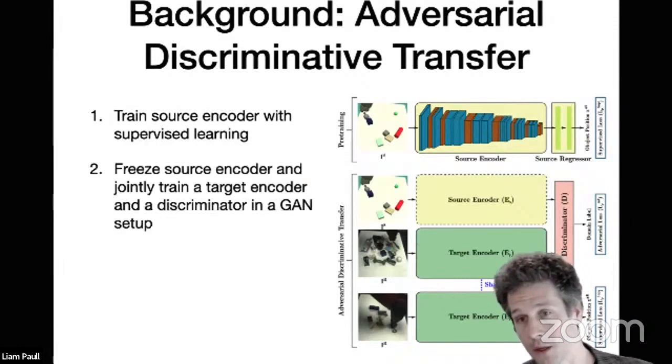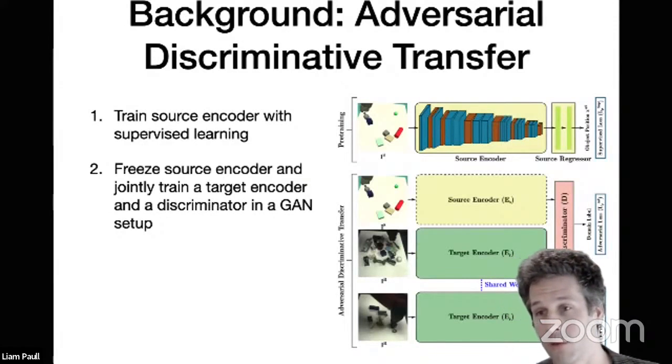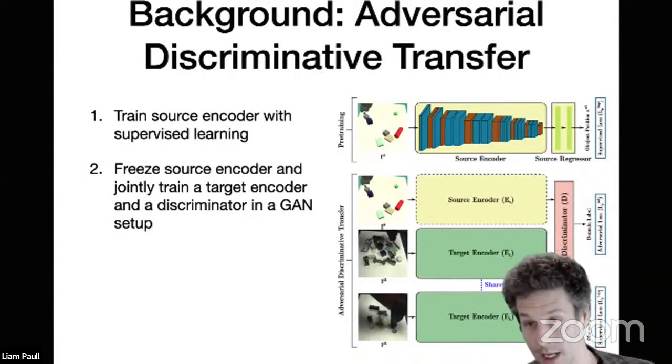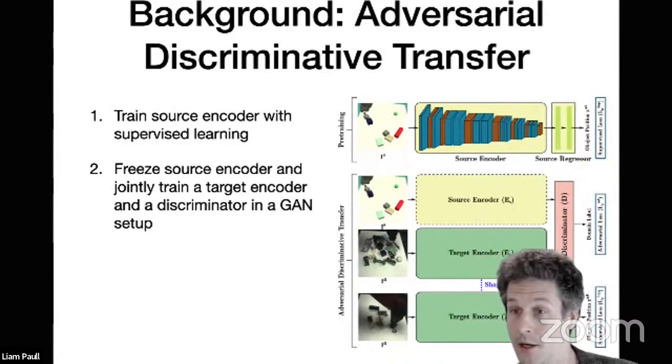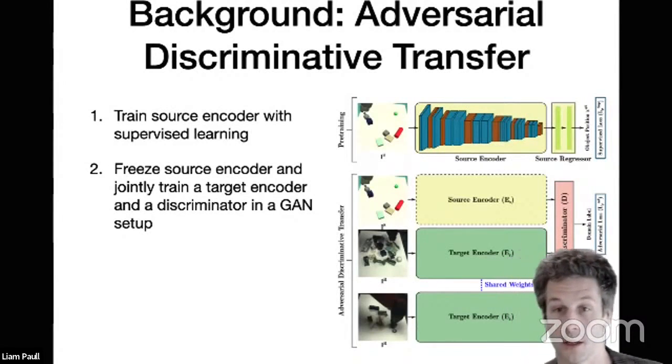And step two is we're going to basically formulate this as a GAN problem, where we're going to jointly train a target encoder that takes real data and a discriminator so that this target encoder is incentivized to produce embeddings that are indistinguishable by the discriminator as to whether they came from the source domain or whether they came from the target domain.